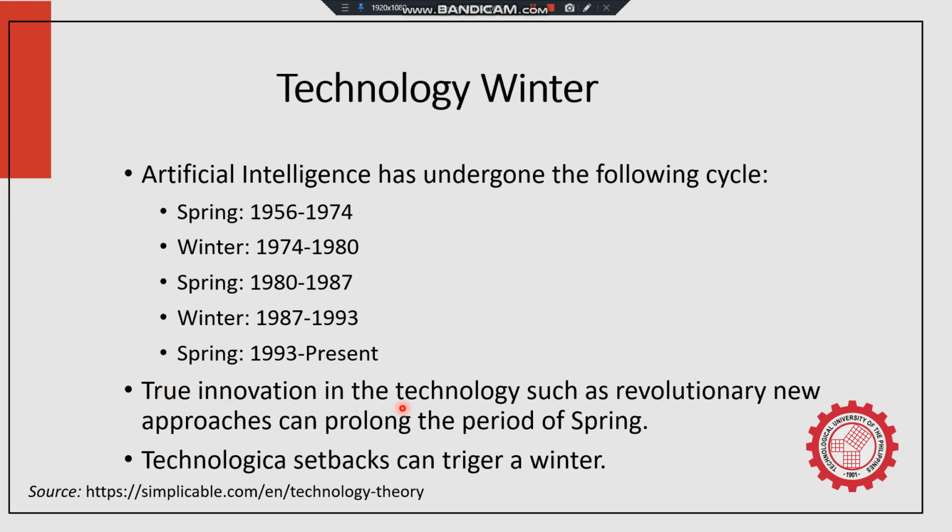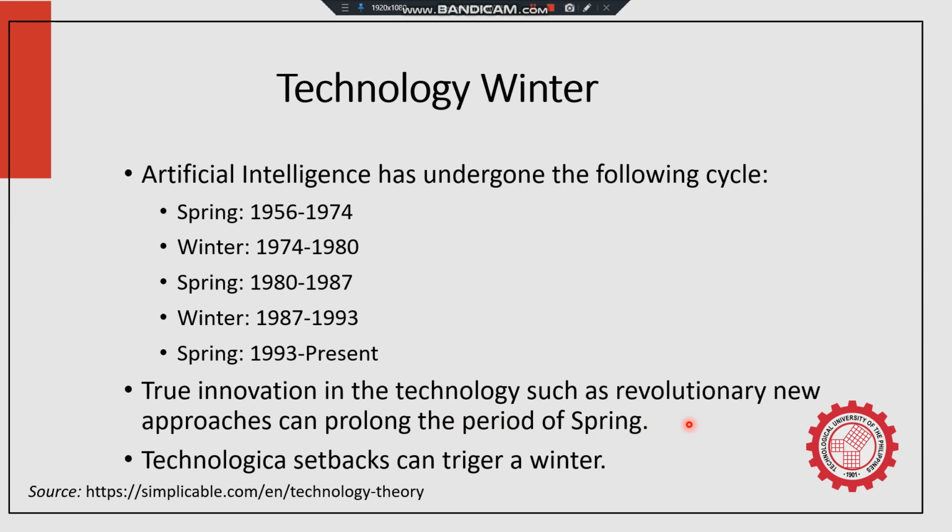So innovation in technologies, such as revolutionary new approaches, can prolong the period of spring. So, if there is true innovation in the technology, if the innovation is very revolutionary, the period of spring is more prolonged, okay?